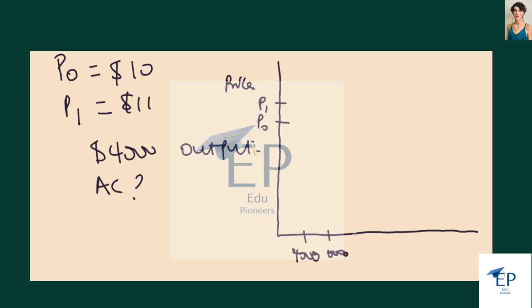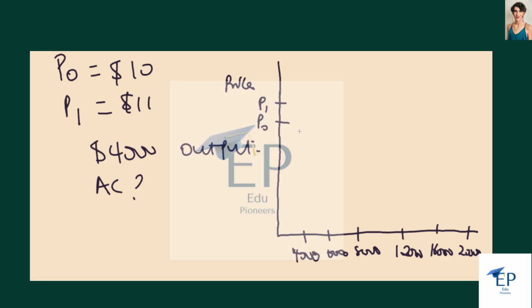We're gonna have 6,000 here. We're gonna have 8,000, 12,000 rather, 16,000 and 20,000.